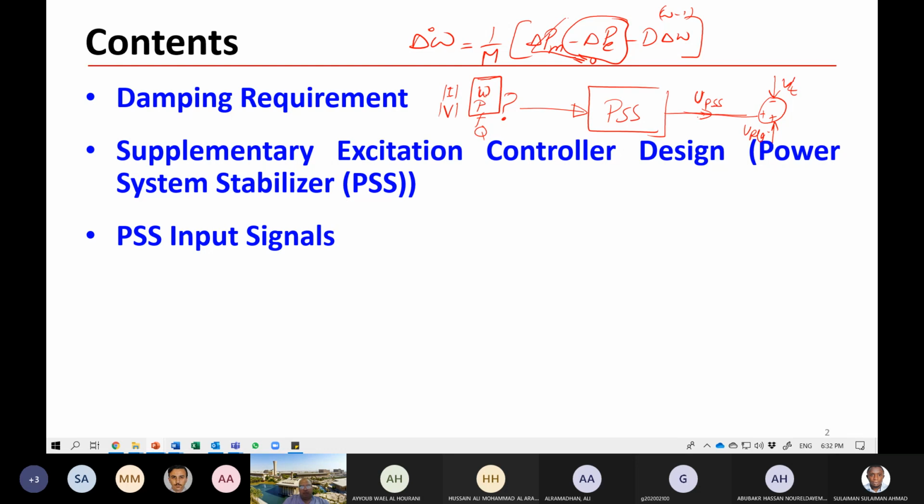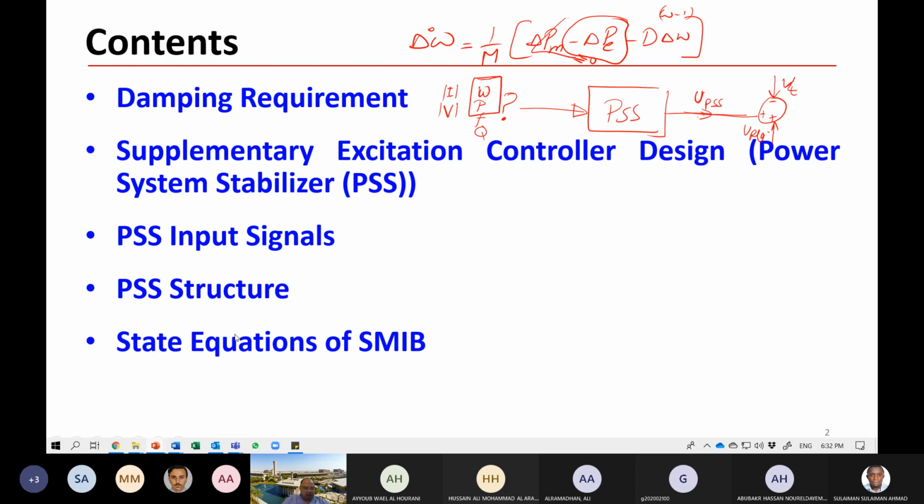You can have omega and also P as inputs to the stabilizer, as we will see in some of the typical real-life stabilizers that we have. We will see the structure of the stabilizer, all the blocks, and what the functions of all these blocks are.